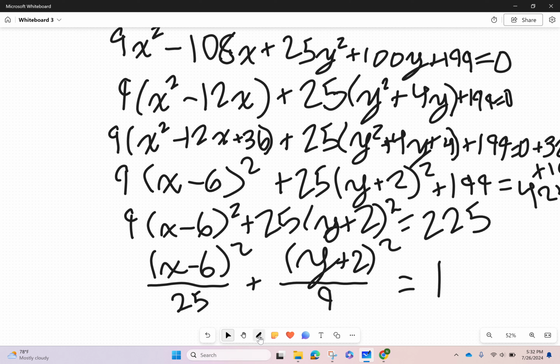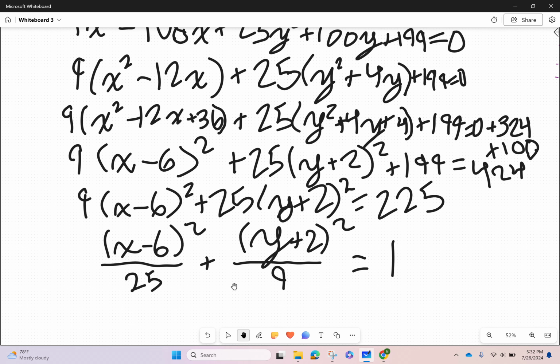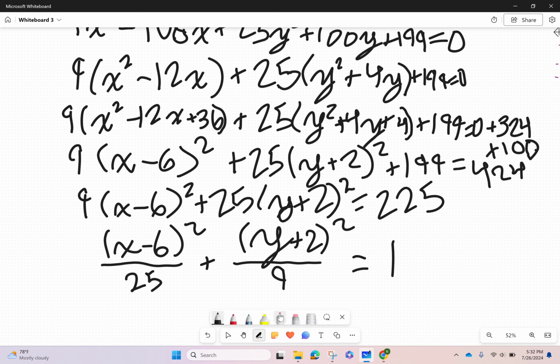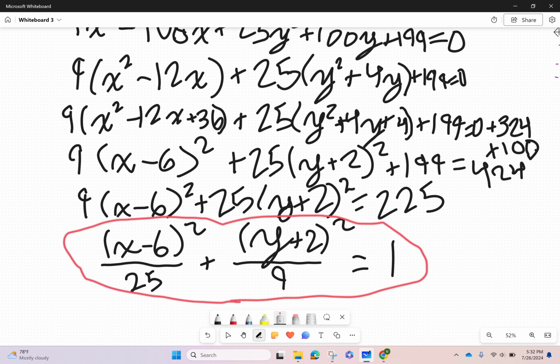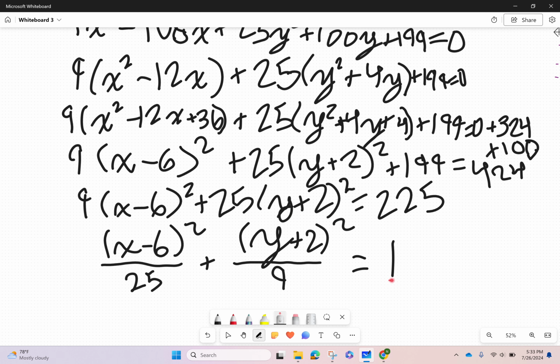Okay, so now we have our equation right here. This is our equation of the ellipse. This right here, let me get a little circle for you. This right here is the equation of our ellipse. Now, that's just the first part, because now we have to graph this thing.